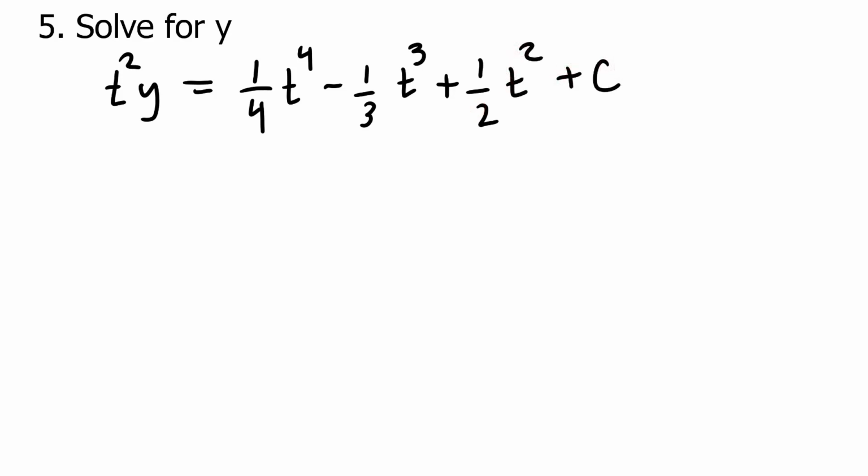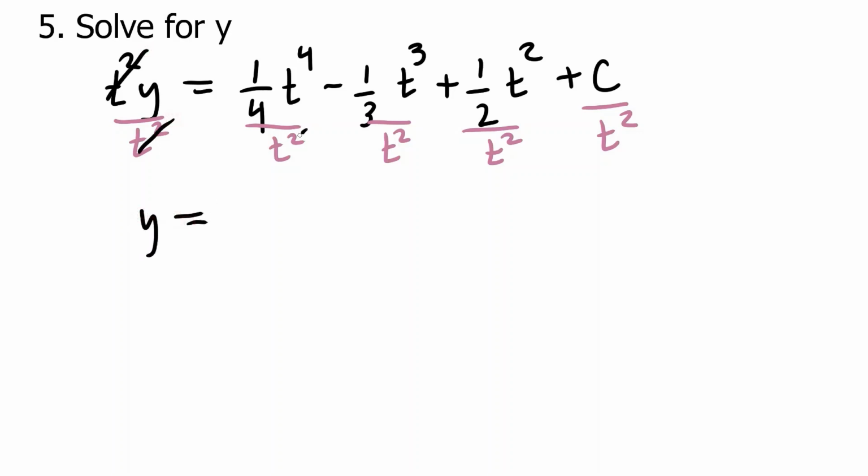Now to isolate our y, we can just divide everything by t squared. And now that we've done that, we can simplify. Our left-hand side just becomes y because the t squareds cancel, and the t squared and the t to the 4 simplify to a t squared, so we get 1/4 t squared.